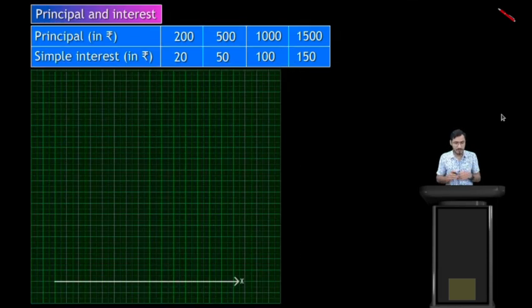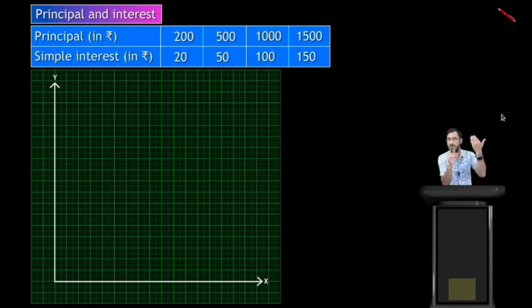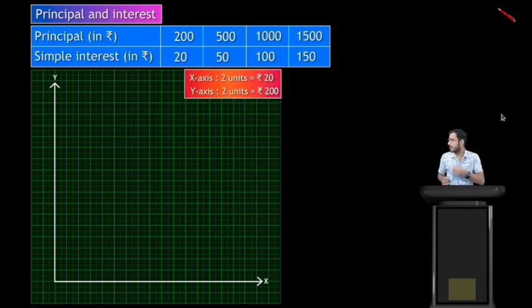Now students, first we draw a graph. On the graph paper, first we draw two mutually perpendicular lines: the horizontal line, that is the x-axis, and the vertical line, that is the y-axis. Now taking a suitable scale, on the x-axis 2 units is rupees 20 and on the y-axis 2 units is rupees 200.